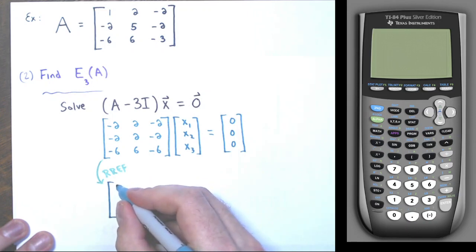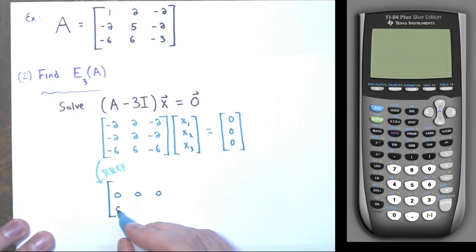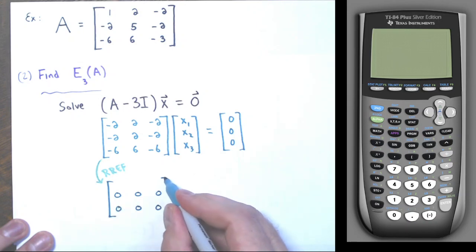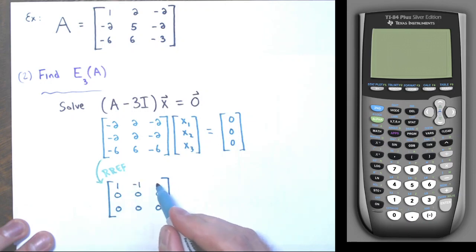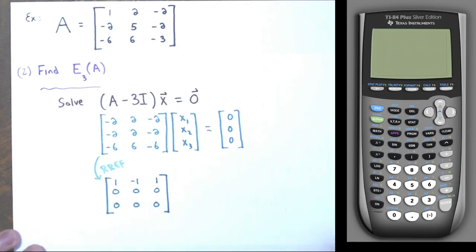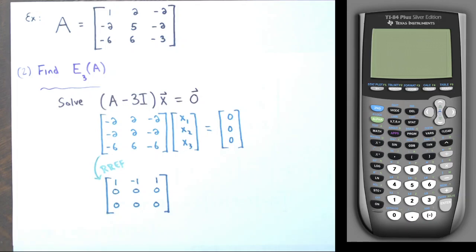So if I multiply, I'd get 0 rows for the second row and third row, and top row 1, negative 1, 1, multiplying the top row by negative 1/2. And again, imagine there's an equals 0 on the other side.